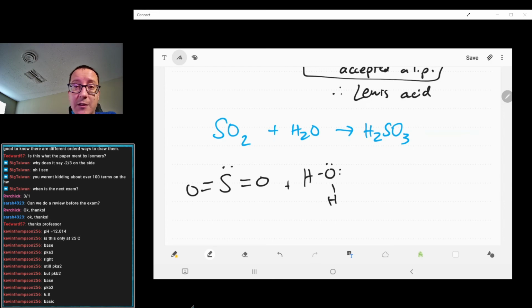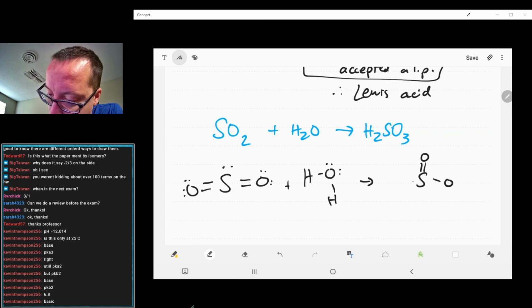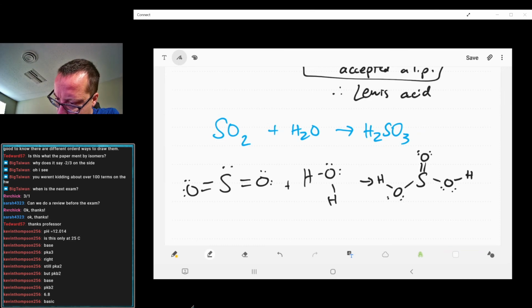But let's see how this is gonna... Oh, I forgot some lone pairs. If we put these together, we have our sulfurous acid, right? Let's see. Are we going to have a lone pair on sulfur? Yes, we are.